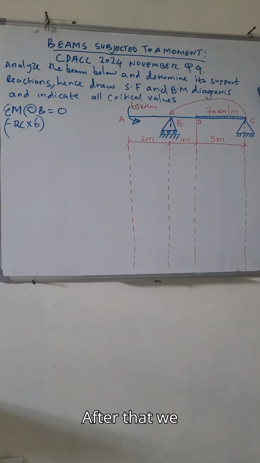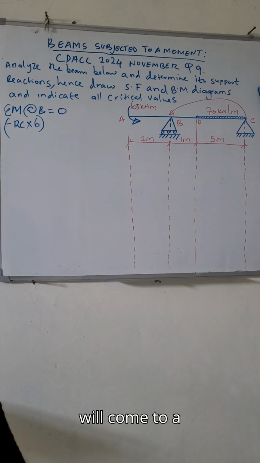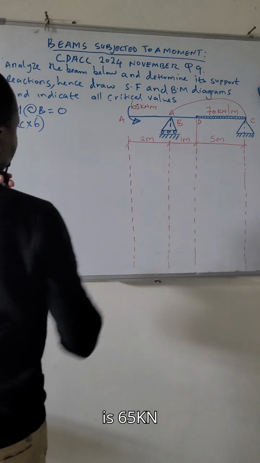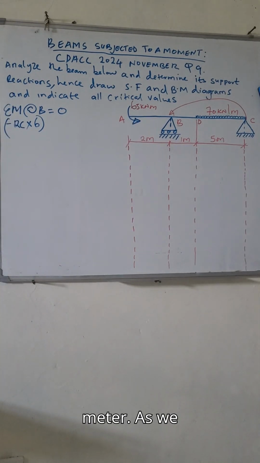After that, we will come to the moment which is 65 kilonewton meter. As we said earlier, this moment will be used in calculating the reaction.